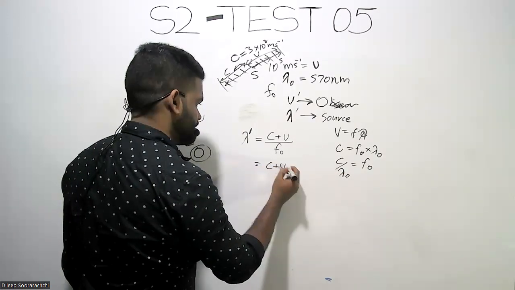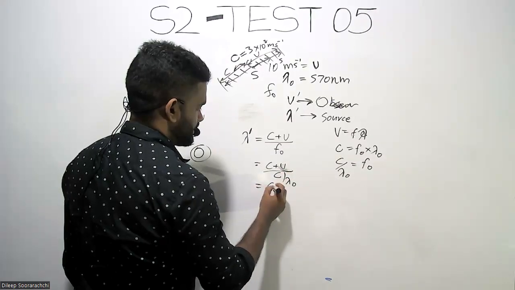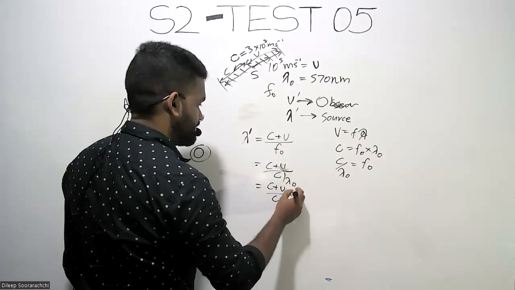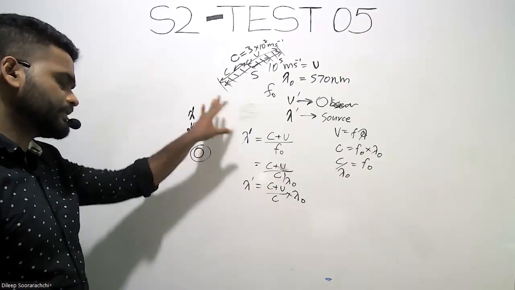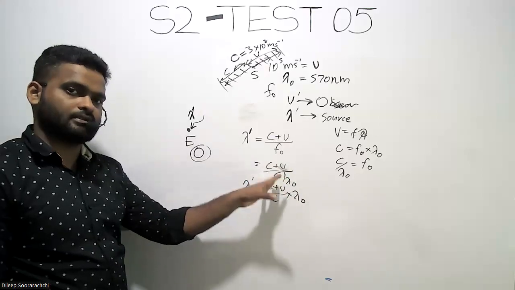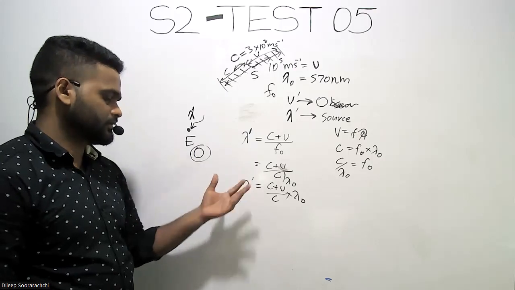So c plus v divided by f0 is c divided by lambda naught. So (c plus v) divided by c, lambda naught goes here, lambda dash. Here I'm going to first derive an expression, an equation, then do the substitution to get the answer.